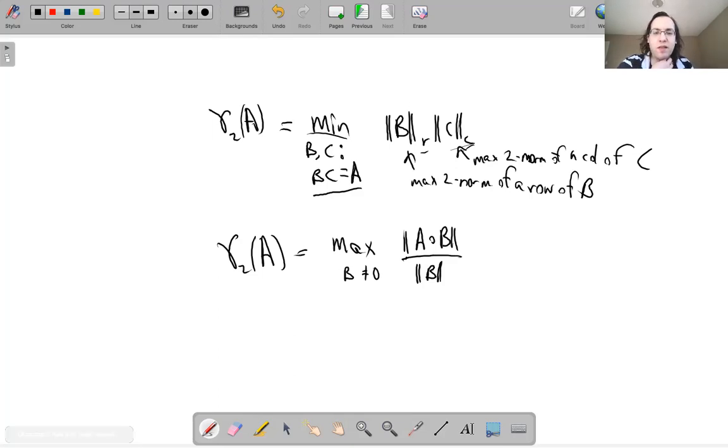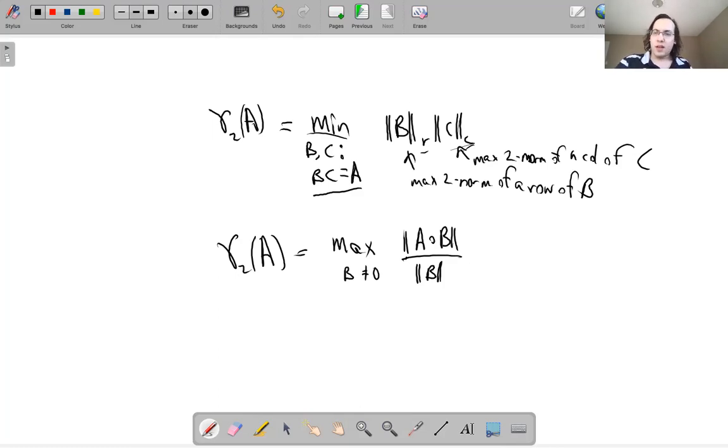So this is a max formulation. There are two dual versions of the gamma 2 norm. One is a minimization program that gives you easy upper bounds on the gamma 2 norm by just displaying the matrices B and C. The other is a maximization program that gives you easy lower bounds by just providing the matrix B. Here the norm is a spectral norm, and the product is a Hadamard, entry-wise product.